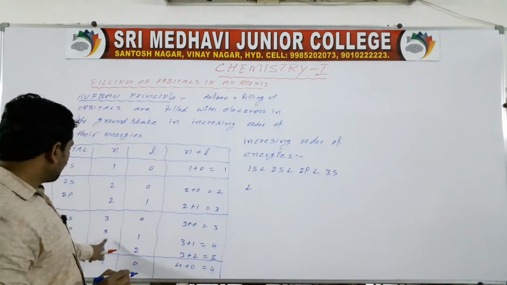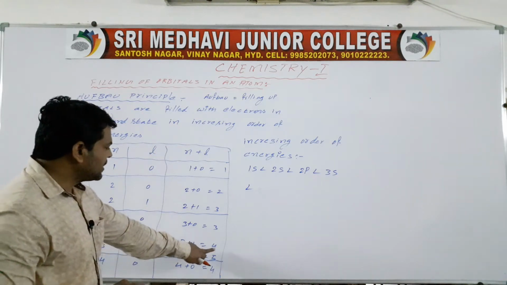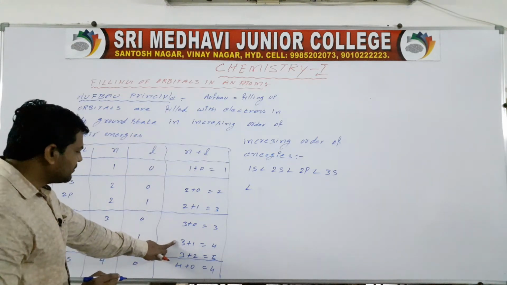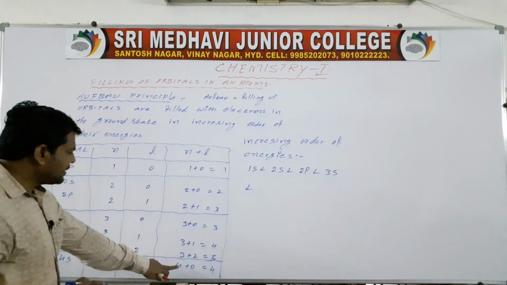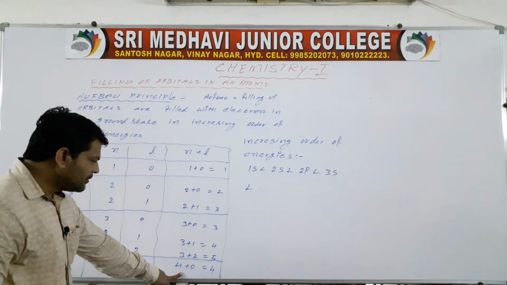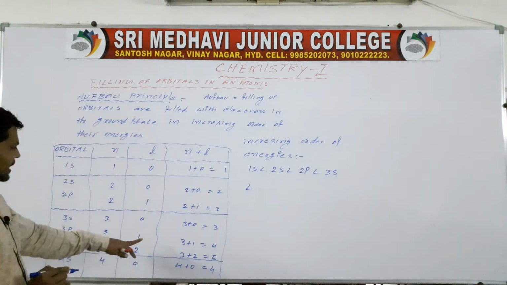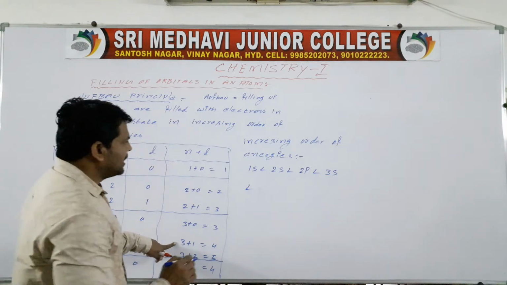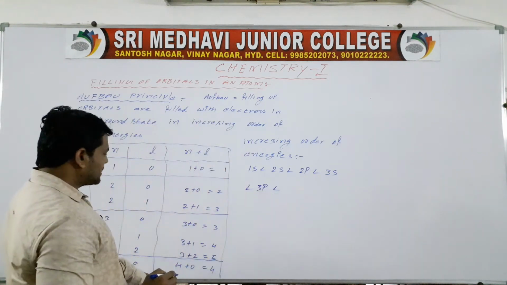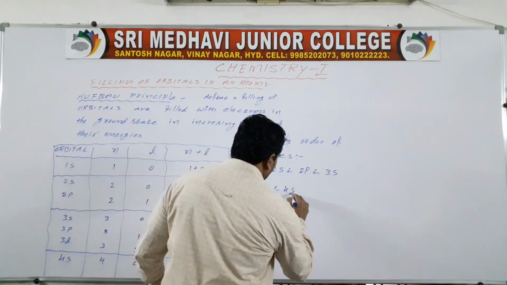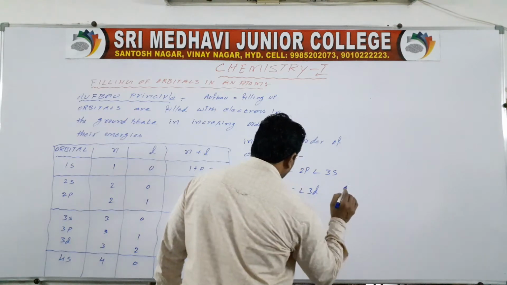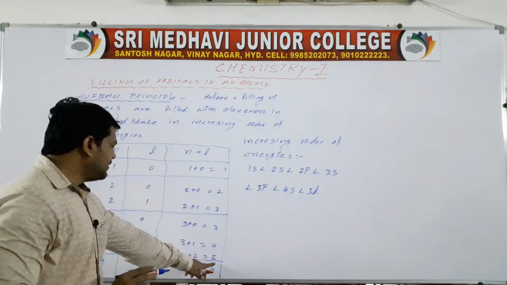Here 3 plus 1 is equal to 4 for 3p, then 3d equals 5 and 4s equals 4. Then first electrons enter into the lower energy level, so 3p is less than 4s, which is less than 3d, whose value is 5.